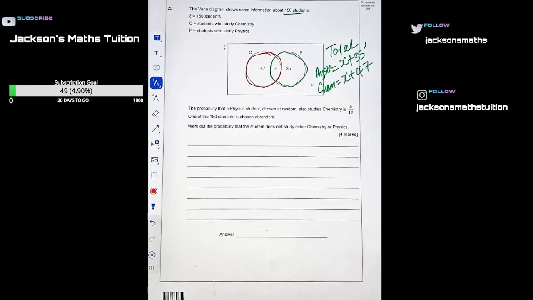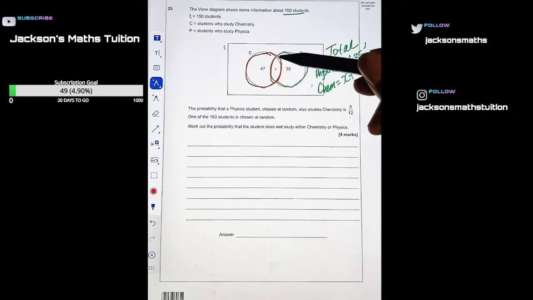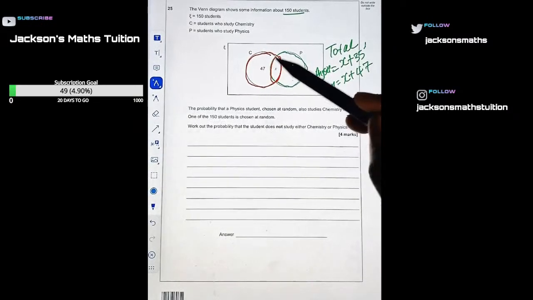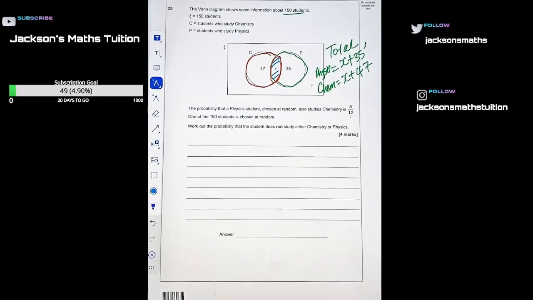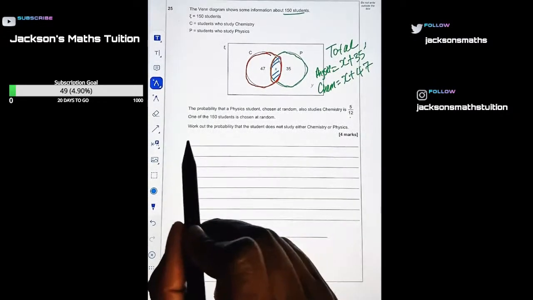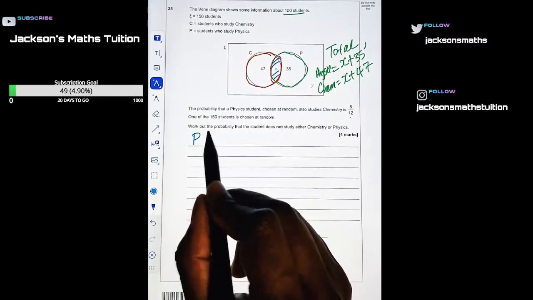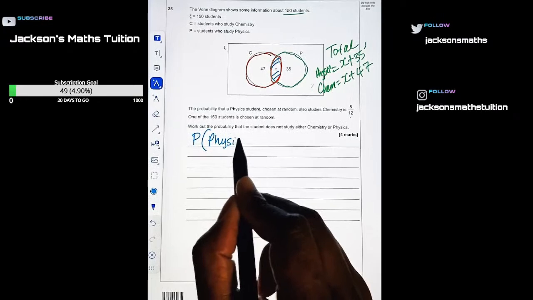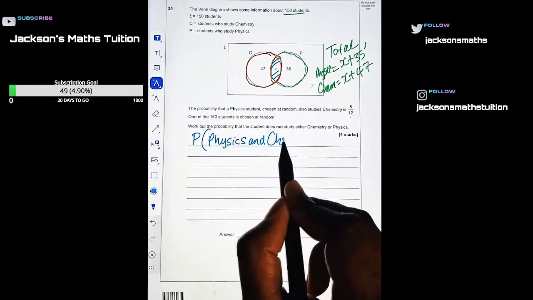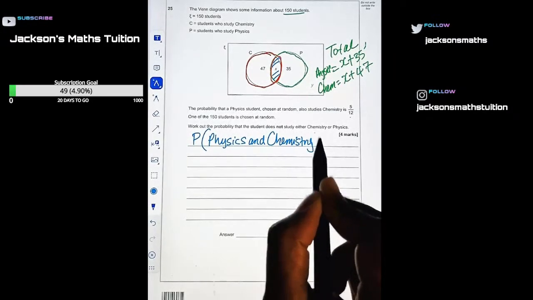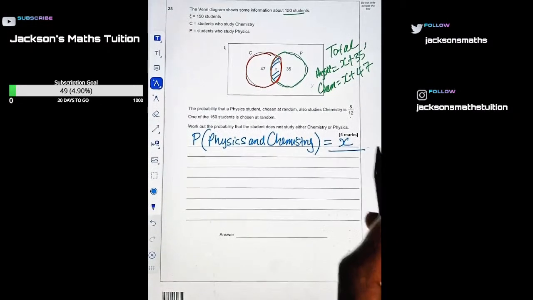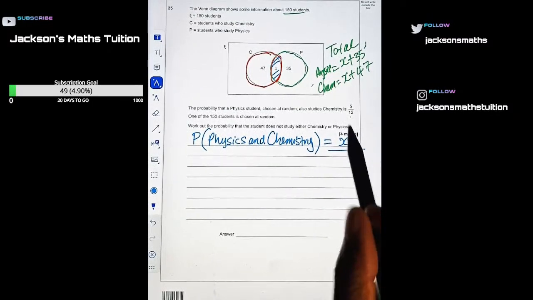So we're looking at the intersection here, that X. If you pick a physics student, and physics is X plus 35, that's the total, and you're picking a student that studies chemistry also, then it's going to be X. So the probability of physics and chemistry is going to be X over the number of physics students, because you're picking a physics student.